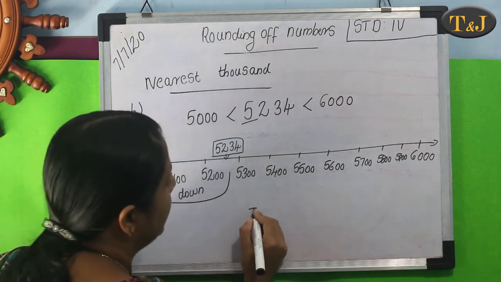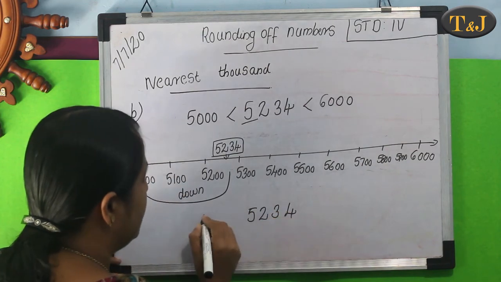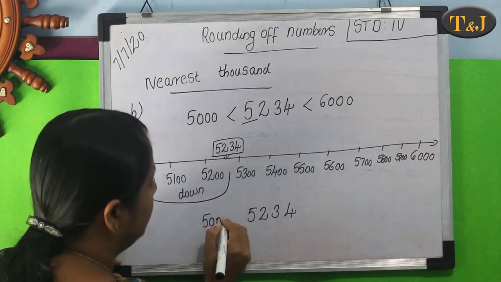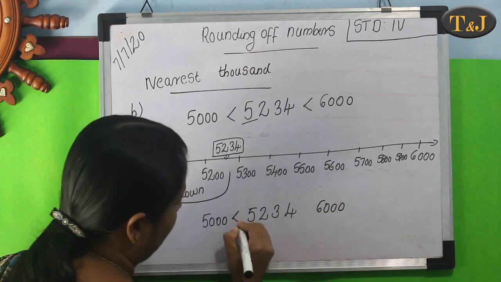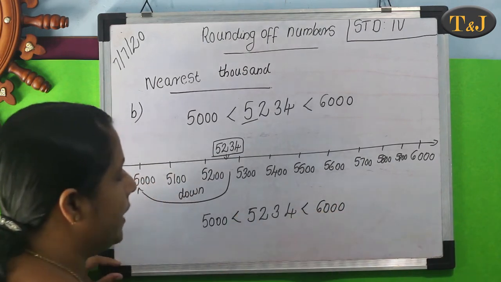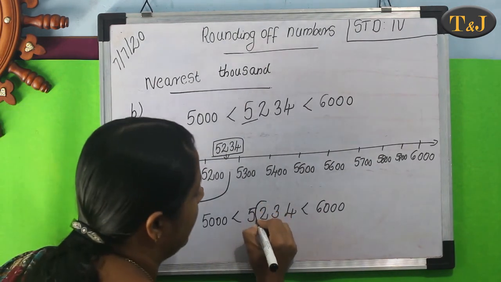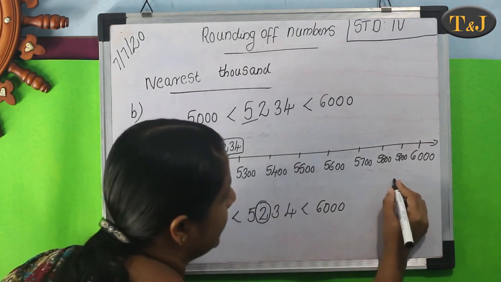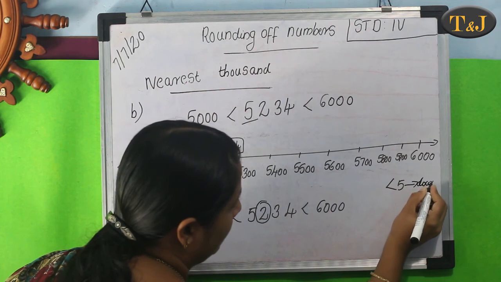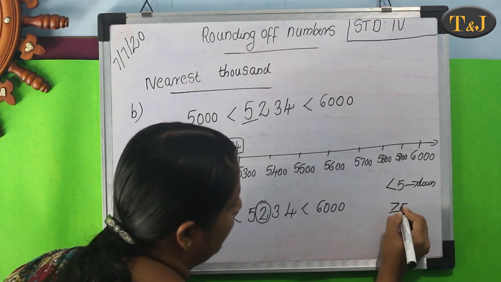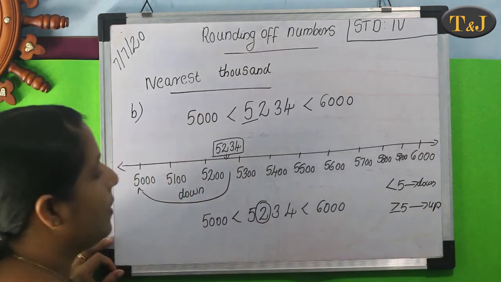Next we write 5234 lies between 5000 and 6000. Then next which place value do we take? Hundreds place value. Here our hundreds place value is 2. So our categories are: less than 5, it is rounded down; greater than or equal to 5, it is rounded up. Here our digit is 2.